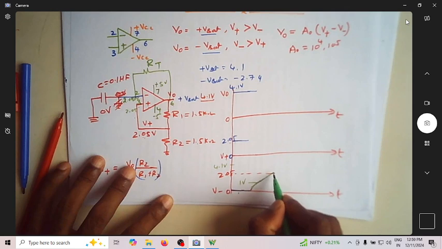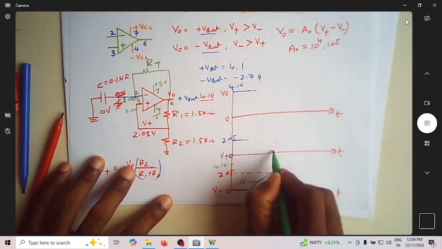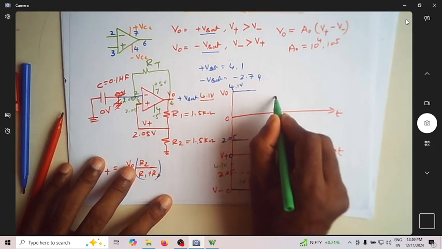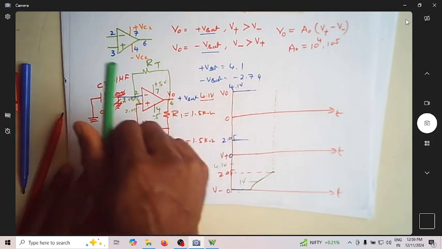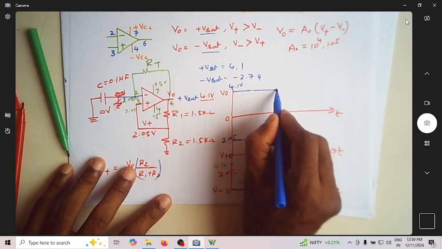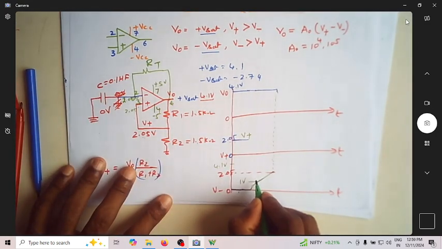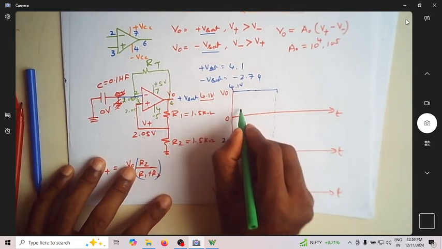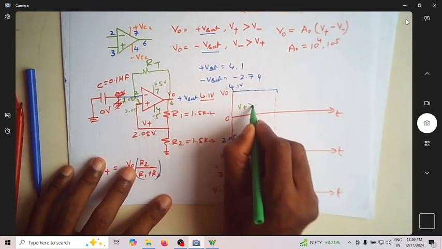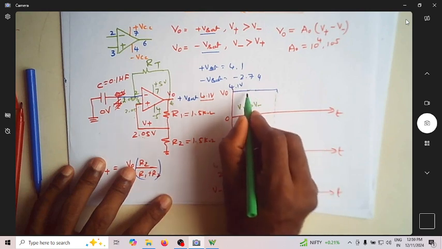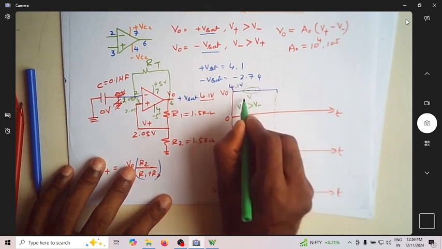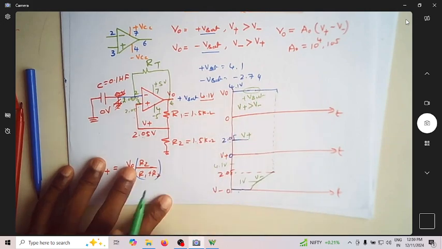At this moment, what happens to your output voltage? Because till here, this was V plus, this was V minus. So the condition you had was V plus greater than V minus, and that's why the output was at plus V sat.